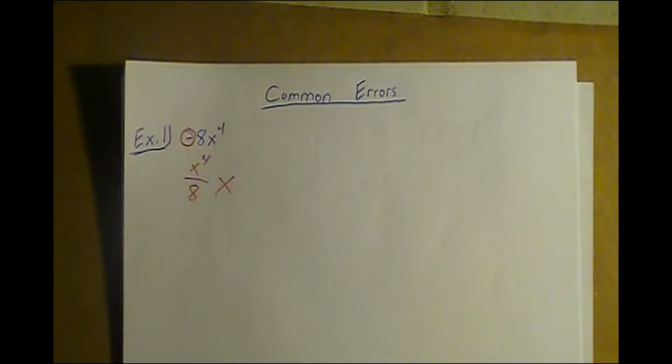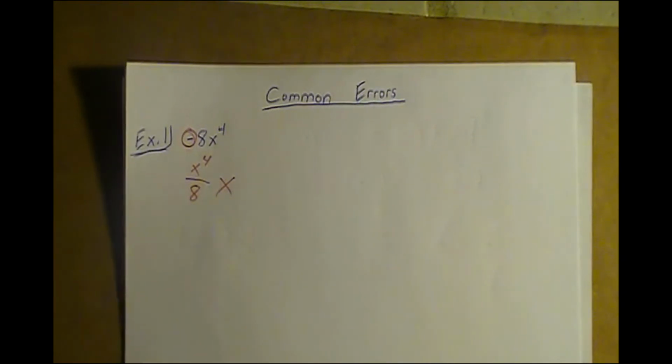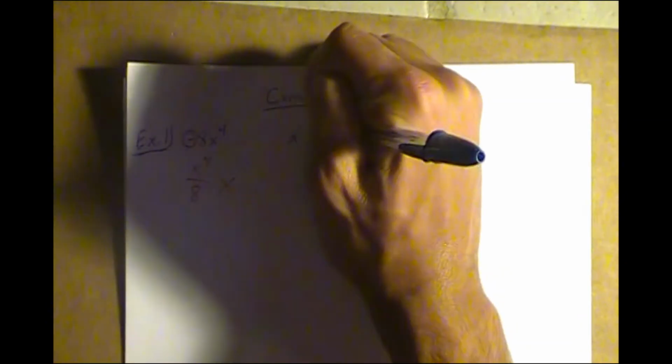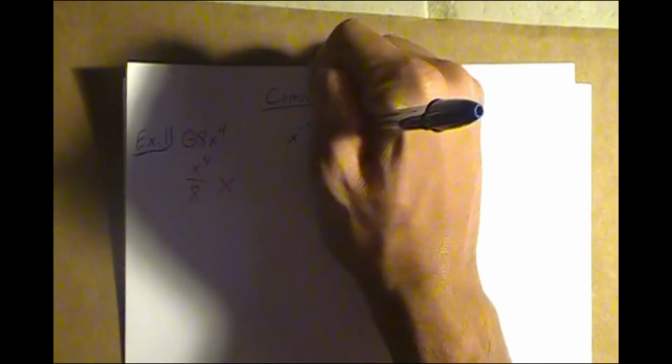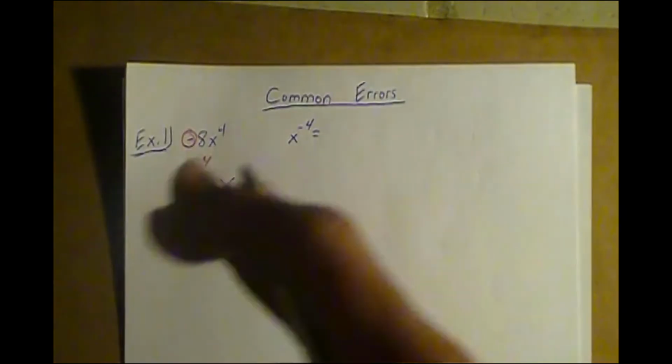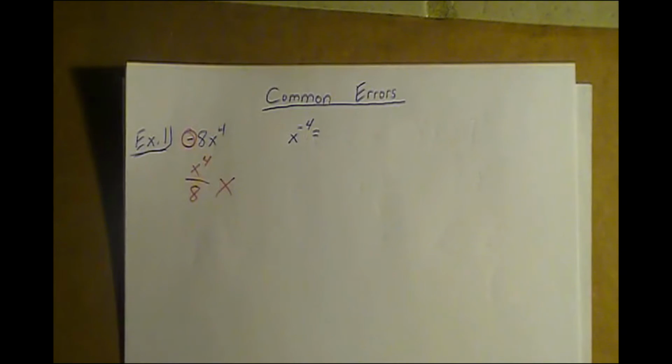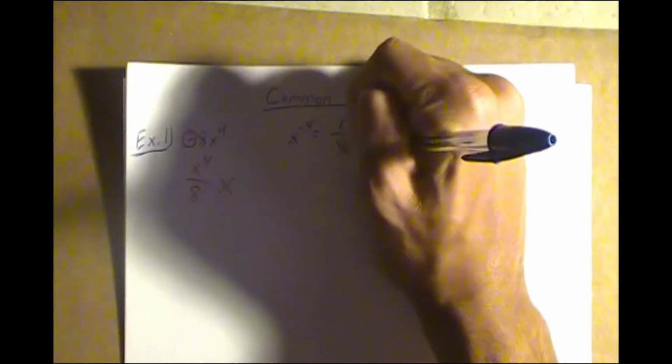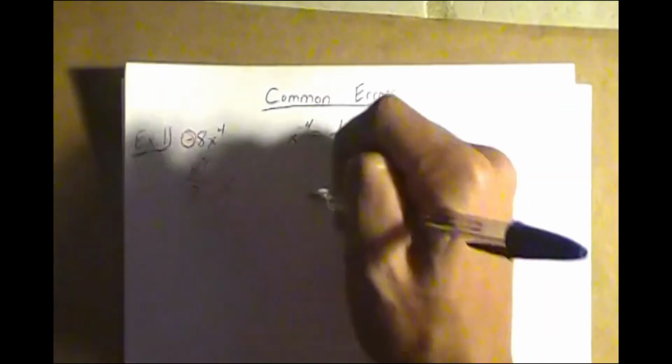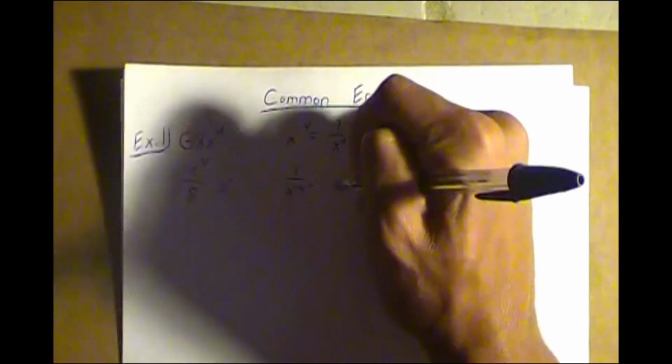Before continuing, we will cover the fundamental law of a negative exponent. Well, when something is to the negative power, it flips to the opposite position. So if it was in the numerator, it flips to the denominator. If it was in the denominator, it would flip to the numerator.